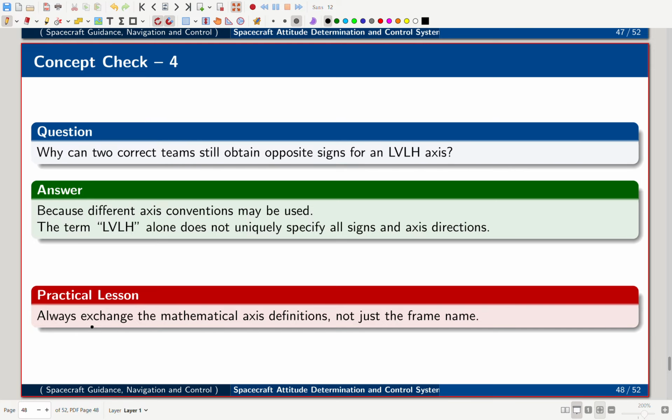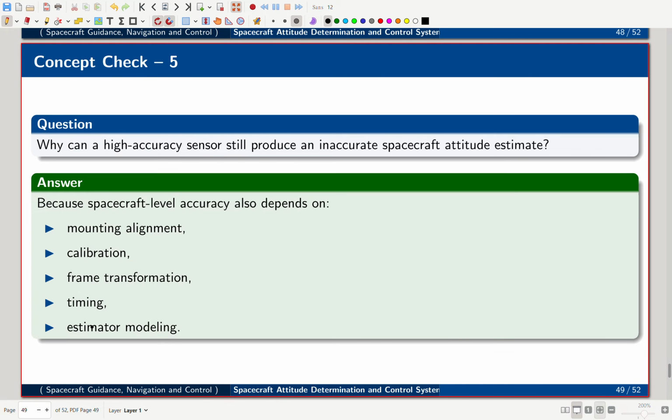Why can two correct teams still obtain opposite signs for the local vertical, local horizontal axes? Because different axis conventions may be used. The name alone does not uniquely specify all signs and axis directions. So different people can choose their own way. Always state the mathematical axis definitions, not just the frame name. This is very, very important.